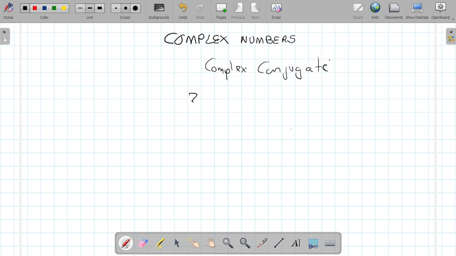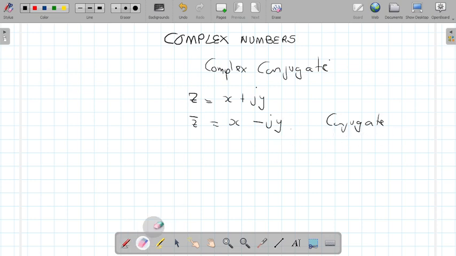If you have a complex number z equal to x plus jy, the number z bar, which is equal to x minus jy, is what is known as the conjugate of the complex number. So you just have to change the sign. So there you go, you have your conjugate. You change the sign of the imaginary part, you get your complex conjugate.